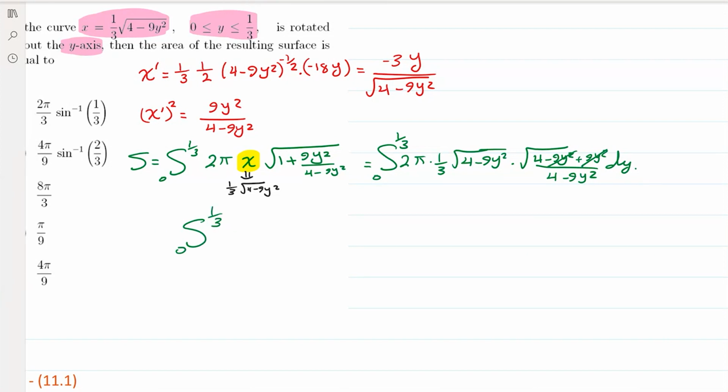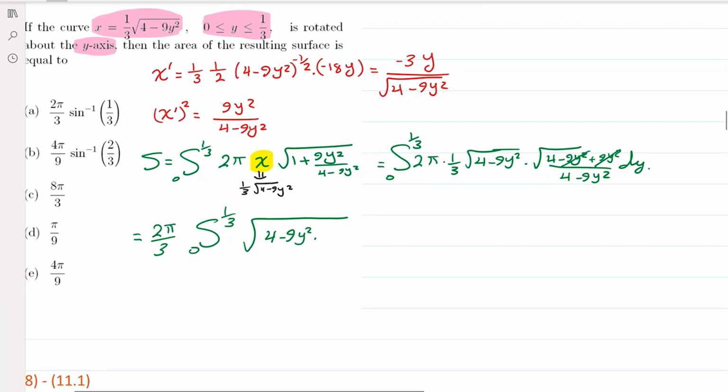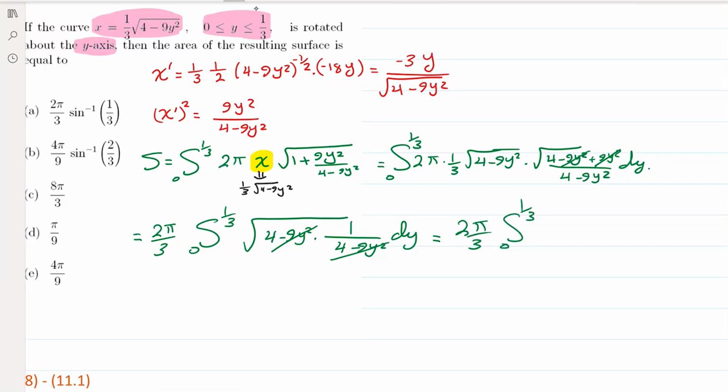Take all the constants outside. It will be 2 pi over 3. The first root multiplied by the second root, 1 over root of 4 minus 9y squared, simplifies.